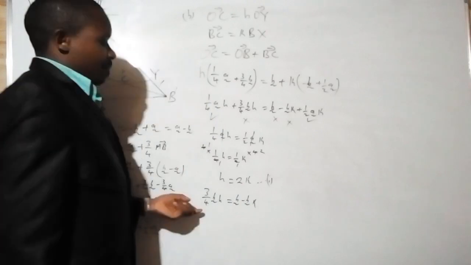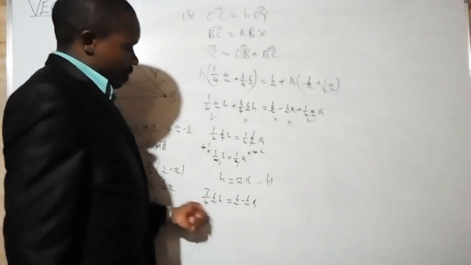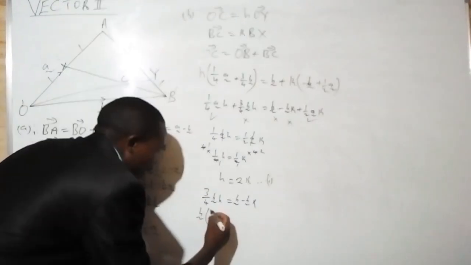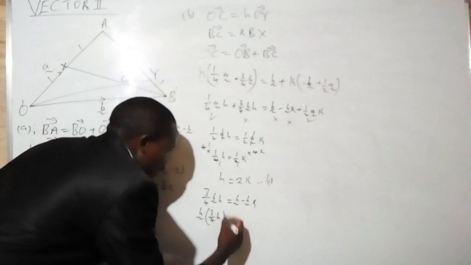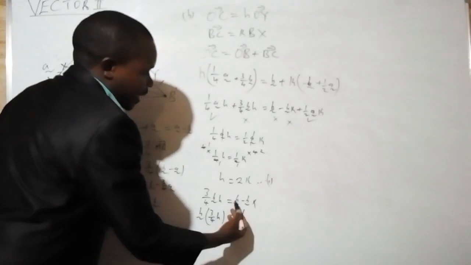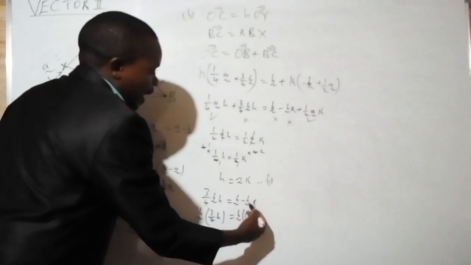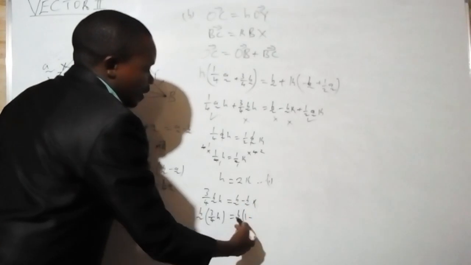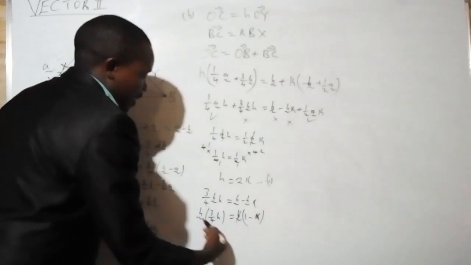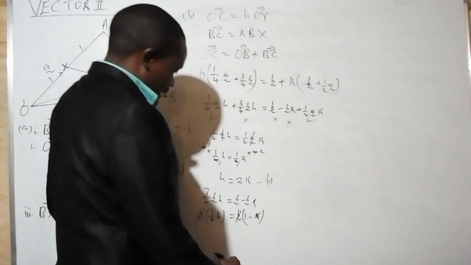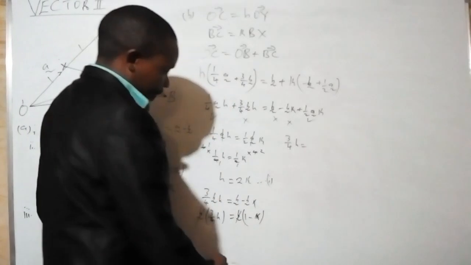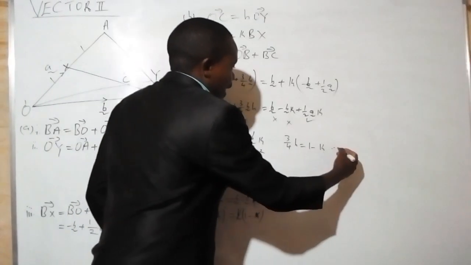You can take vector B outside the bracket to say that vector B, 3 over 4 H is equal to vector B, once you have taken vector B outside the bracket, you'll be left with 1 minus K. You divide by vector B, and you drop vector B and vector B. Come here and say that 3 over 4 H is equal to 1 minus K. This will be your equation 2, like that.